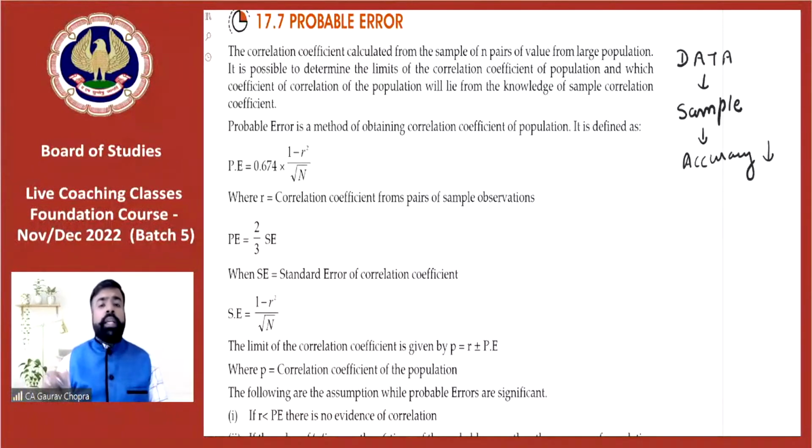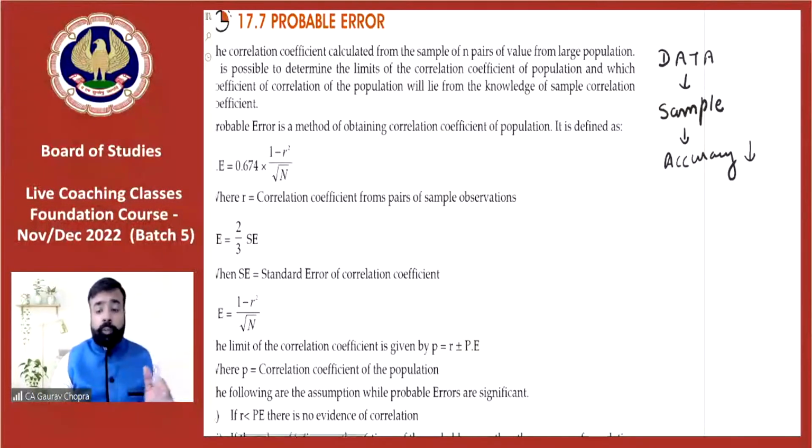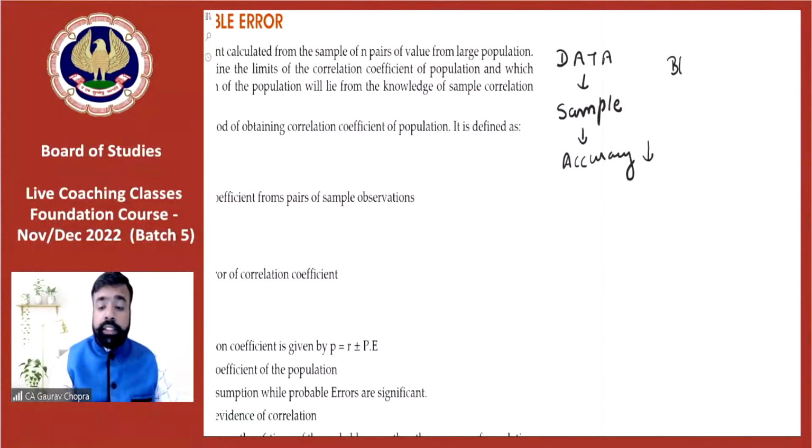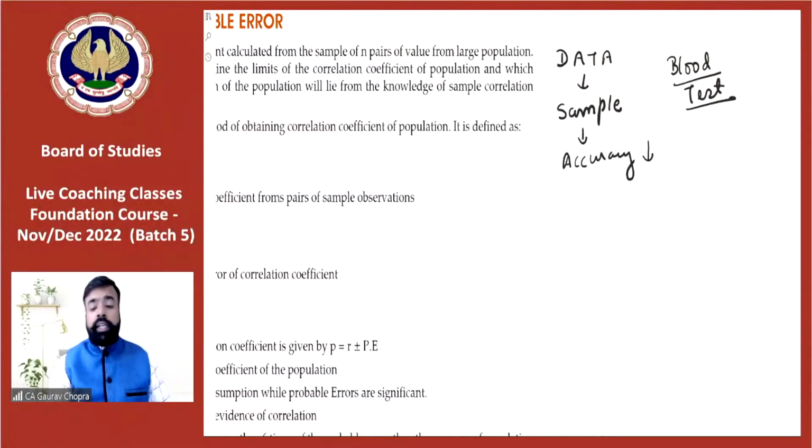Sampling is a basic thing taken in each and every aspect, whether a company is doing manufacturing or somebody falls ill. Then we go to the doctor, and the doctor asks for a blood test. Our body contains, let's say, 4 liters of blood.